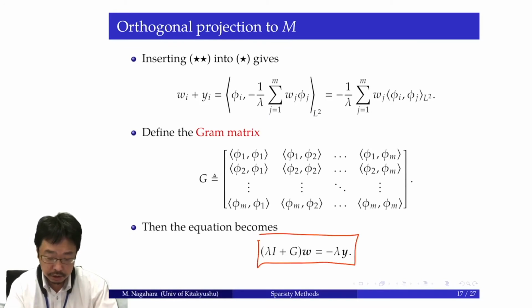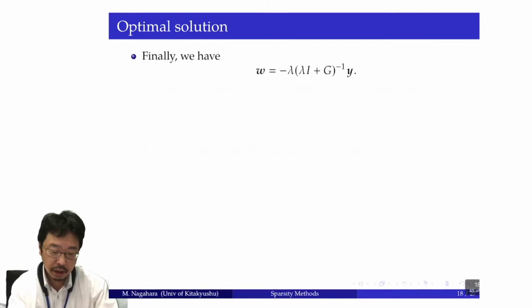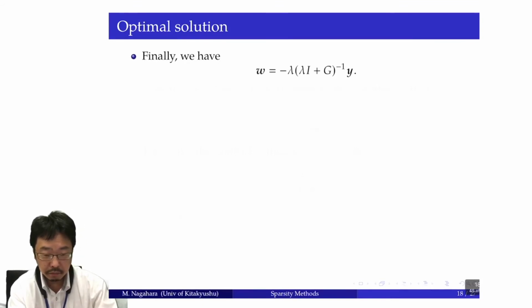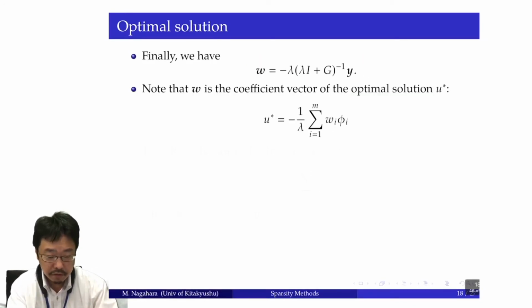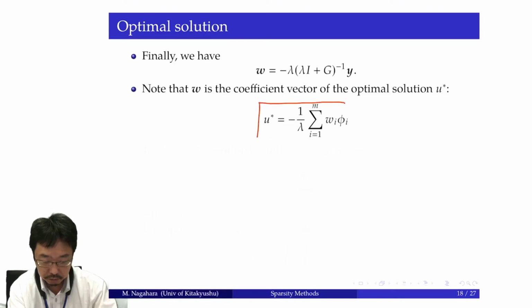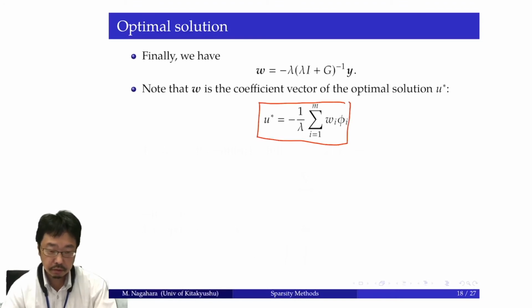And since the parameter lambda is positive, we finally obtain the vector w given by this. Note that the vector w is the coefficient vector of the optimal solution u asterisk of this.